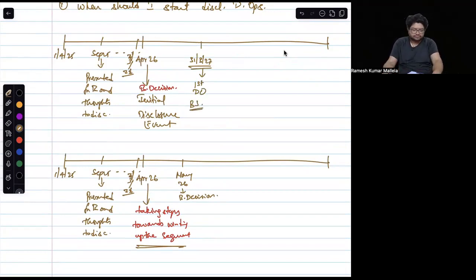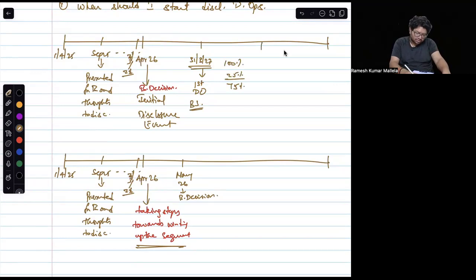Okay. After 31st March 27, what has happened is, I am able to sell out of 100% of assets, only 25% were sold. Still 75% are still remaining.